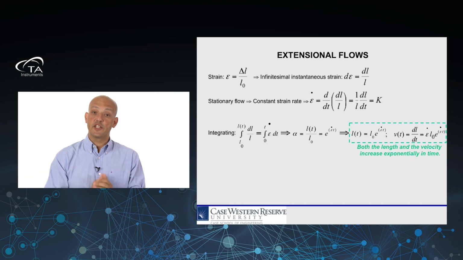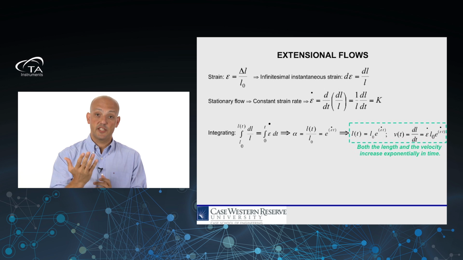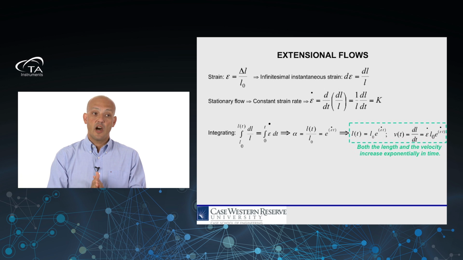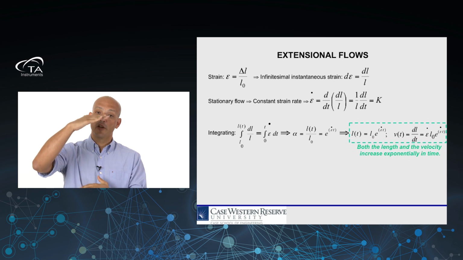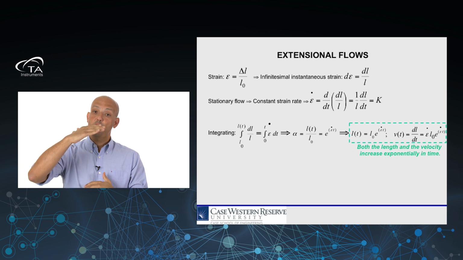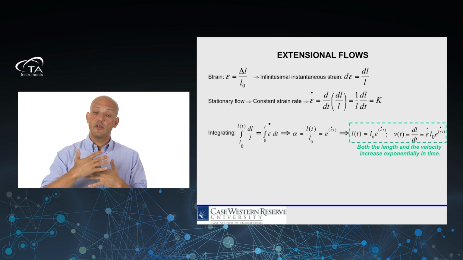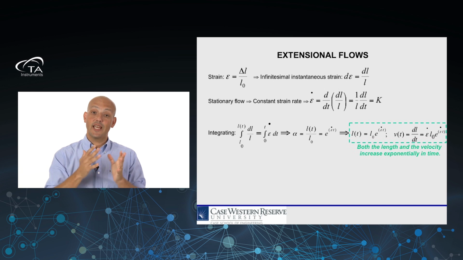And that's why, for example, tensile tests on solid polymers are extensional deformations, but they're not constant rate deformations, because the separation velocity between the two clamps is typically linear, and so the strain rate is actually exponentially decreasing.